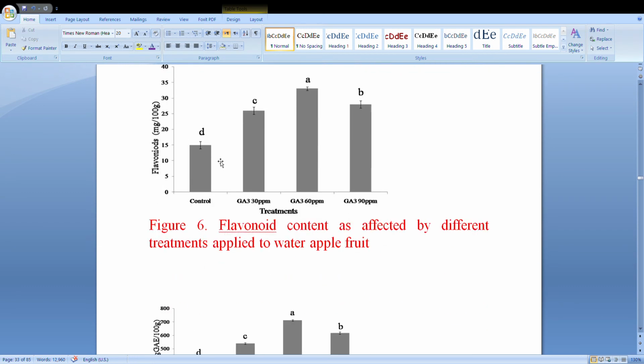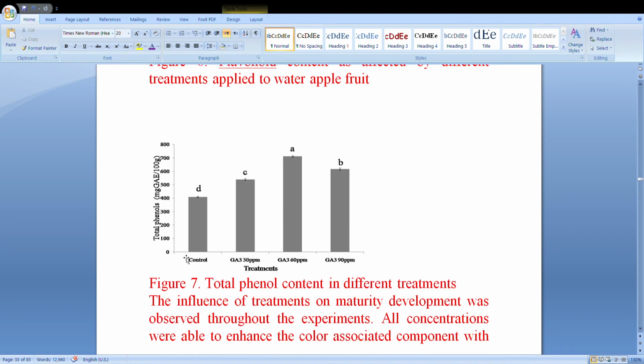Flavonoid content was more in the different concentrations of GA3 than control. Total phenol content was also higher in GA3 30, 60 and 90 than control, but the highest total phenol content was found in GA3 60.